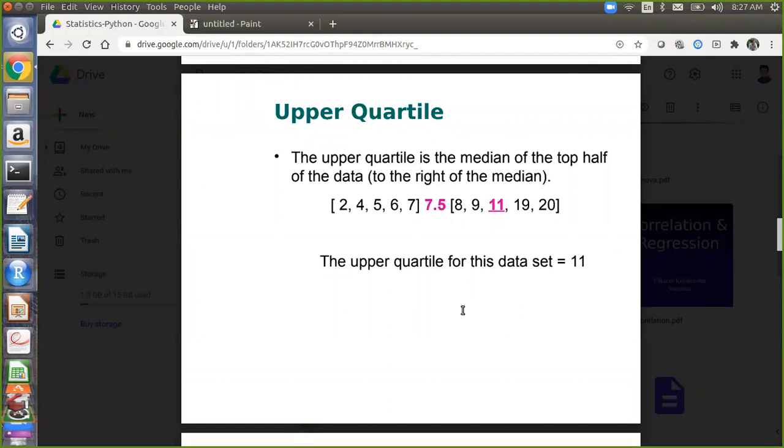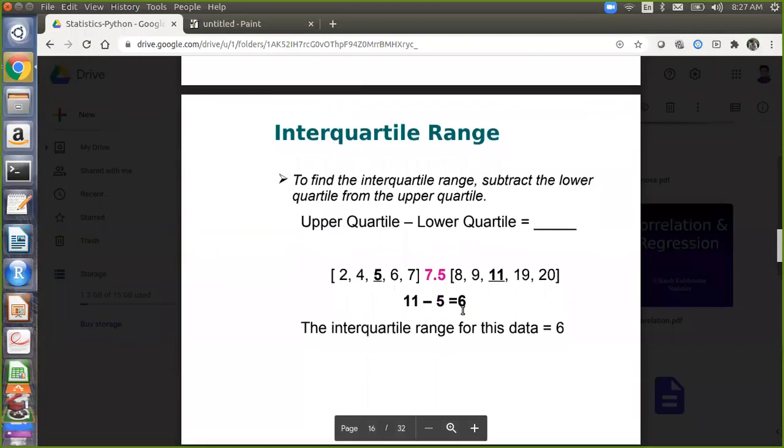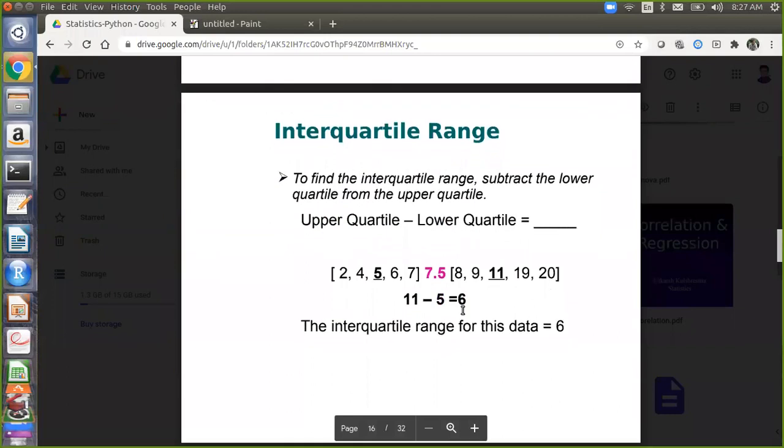Now another concept is the interquartile range. The interquartile range is nothing but the upper quartile minus the lower quartile. So Q3 minus Q1 will give you the interquartile range. Have you studied the range function in Python?